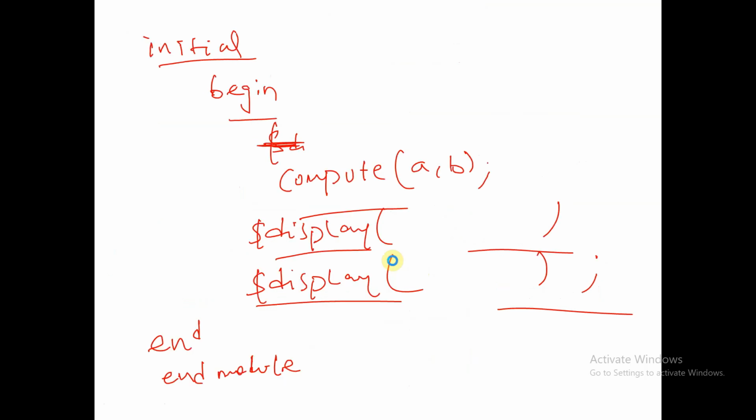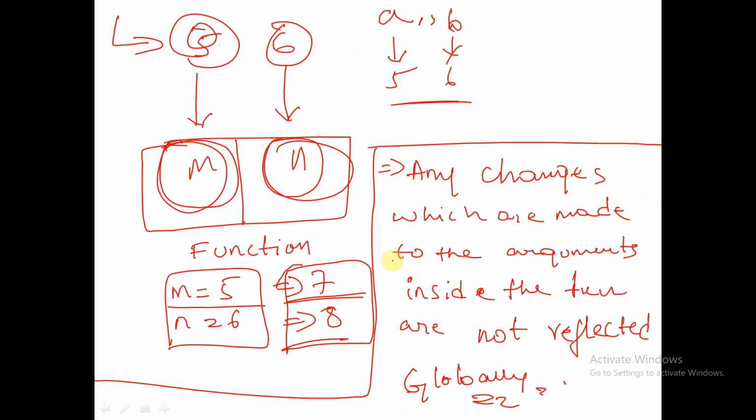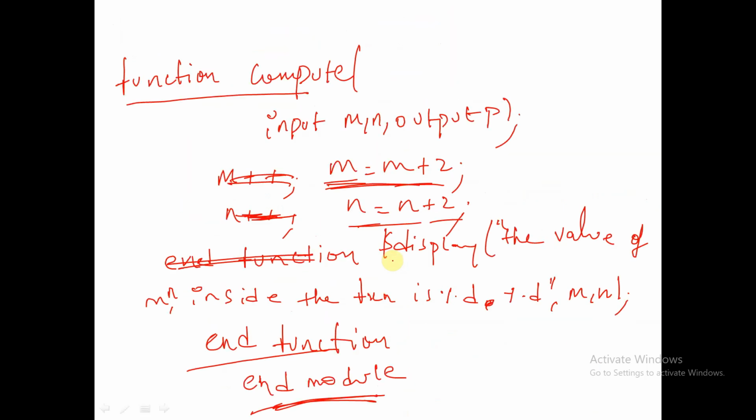Yeah, clear. So normally when we pass the values by arguments, the changes which are made locally are not reflected globally. But when we pass the values by reference, the changes which are made locally are reflected back globally.